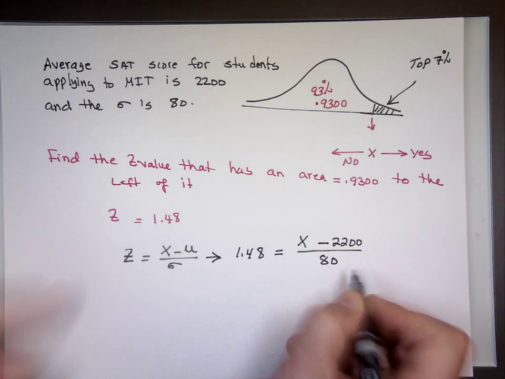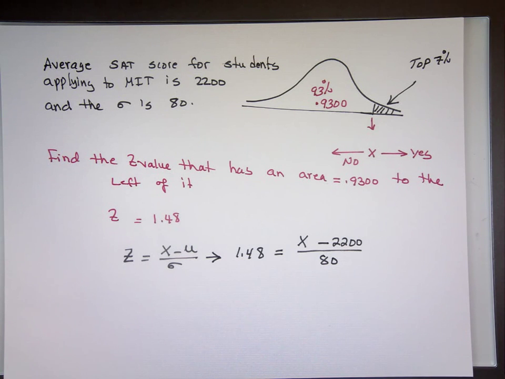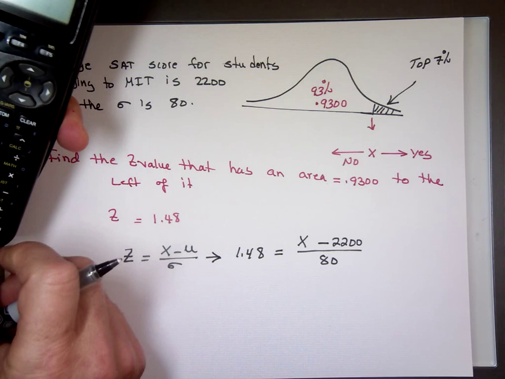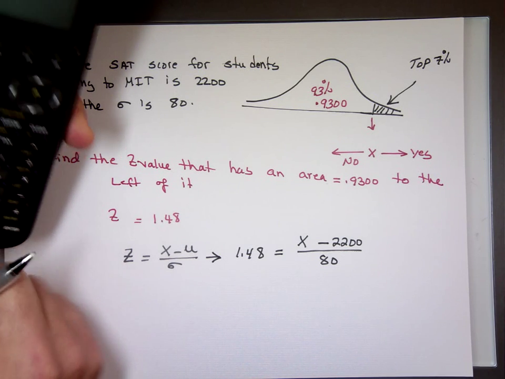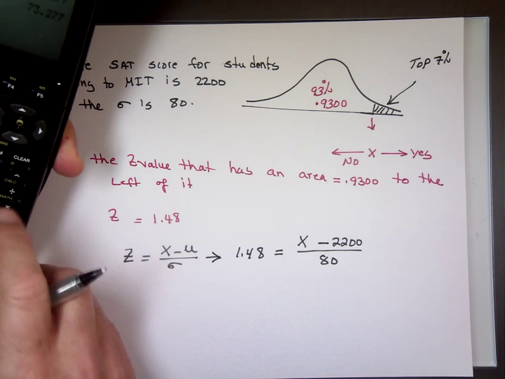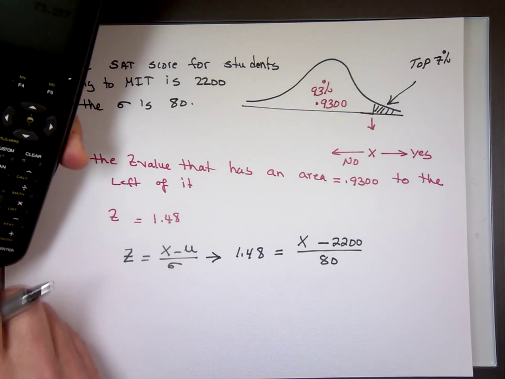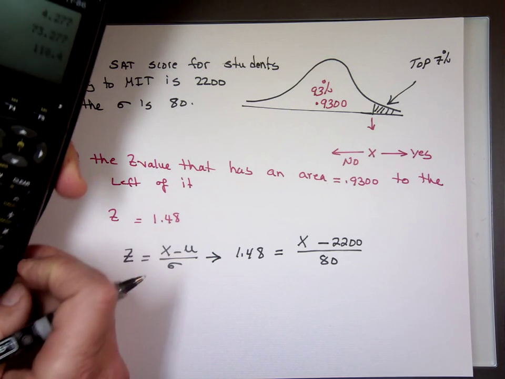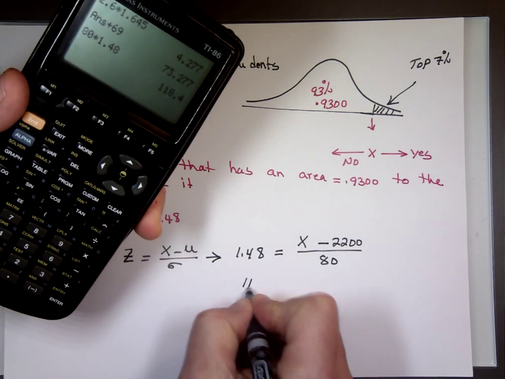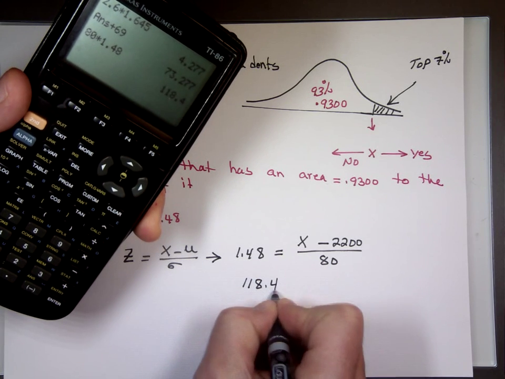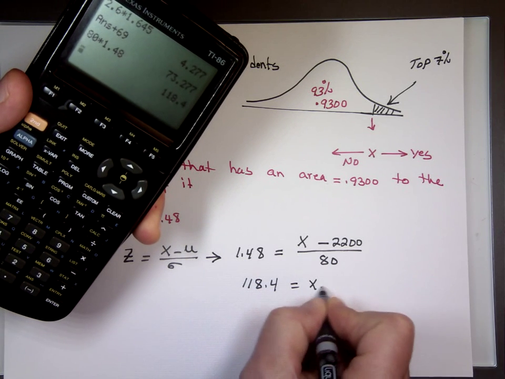So 80 times 1.48 is 118.4, which equals x minus 2,200.